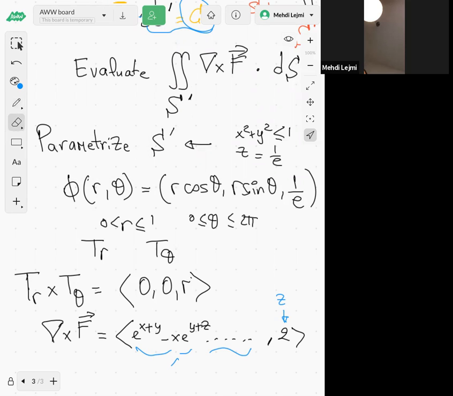So the last component here is very easy. It's just equal to 2. The last component of the curl of f is just equal to 2. The first and the second components are very complicated.